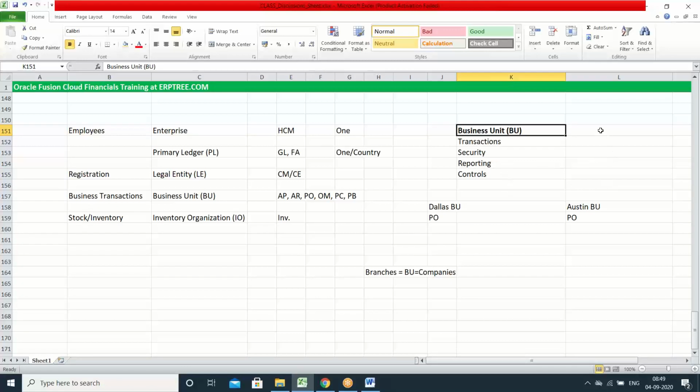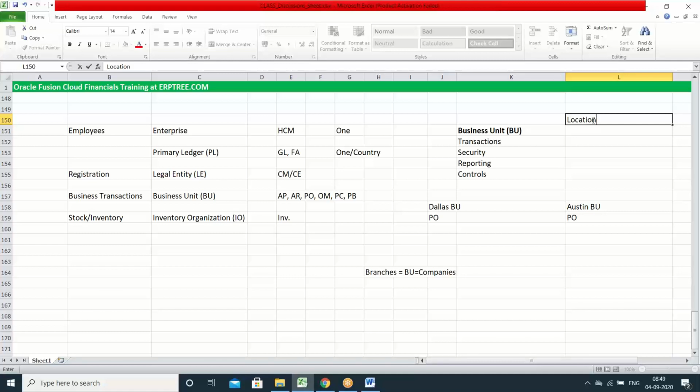Now I'll take a simple example. So the client is operating business in two locations. So location 1 and 2, or else you take locations like Dallas. One location is Dallas, the other one is Austin. Now definitely the client has to maintain transactions separately.